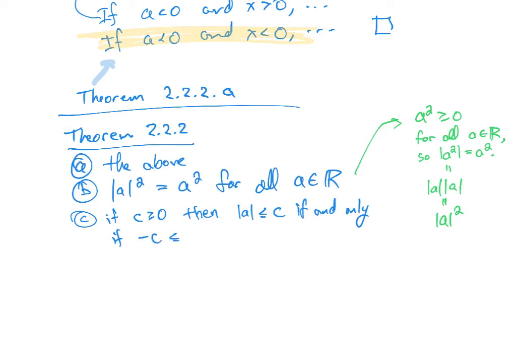What would it mean for the absolute value of A to be at most C? Well, if you think about it on the real number line, that means A is between minus C and C. That's part C of this theorem in the book.